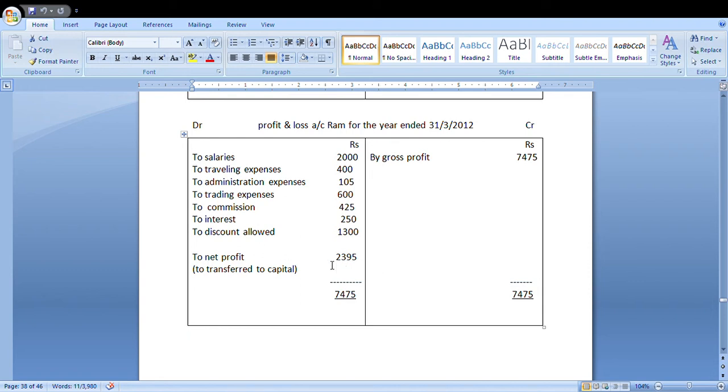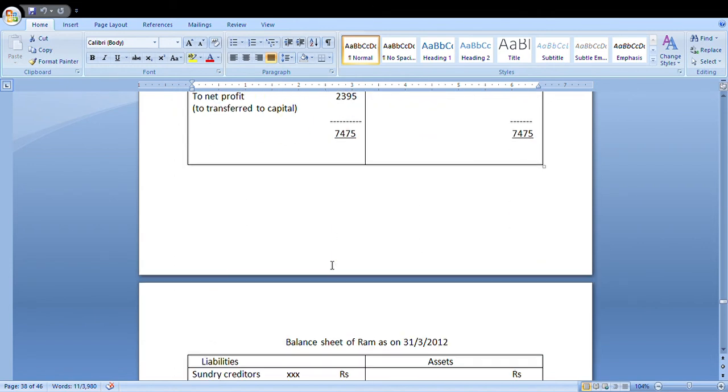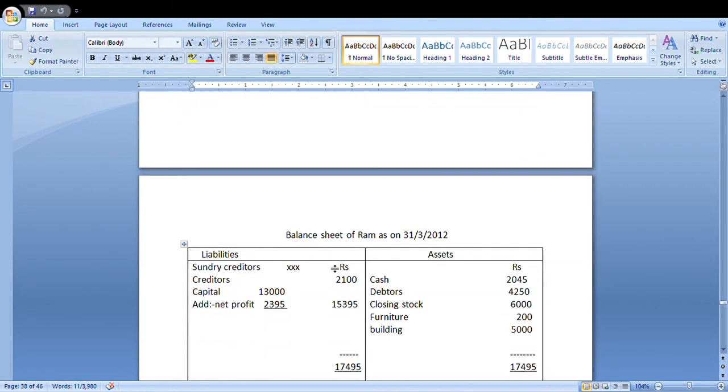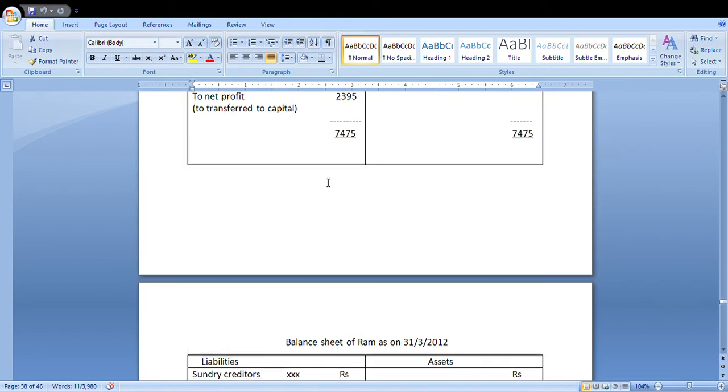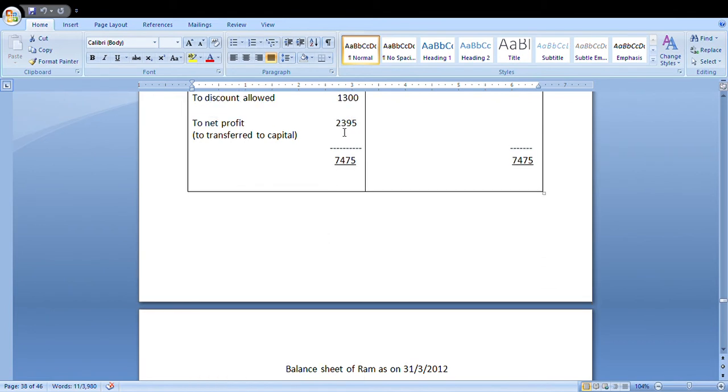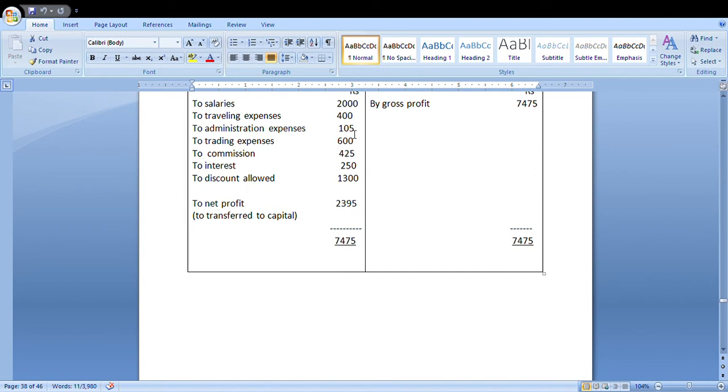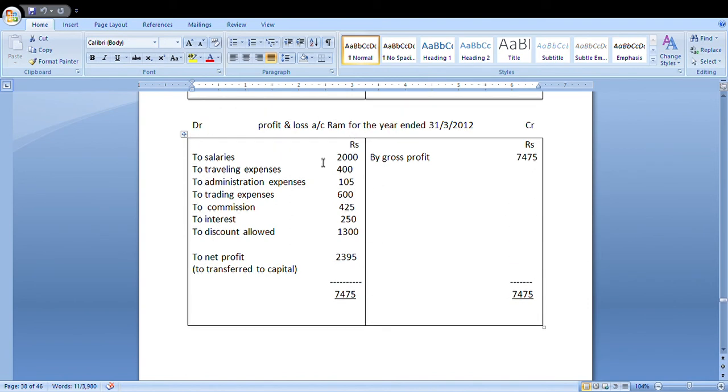This net profit you transfer to the capital account. Add the net profit to the capital. This profit and loss account is over.